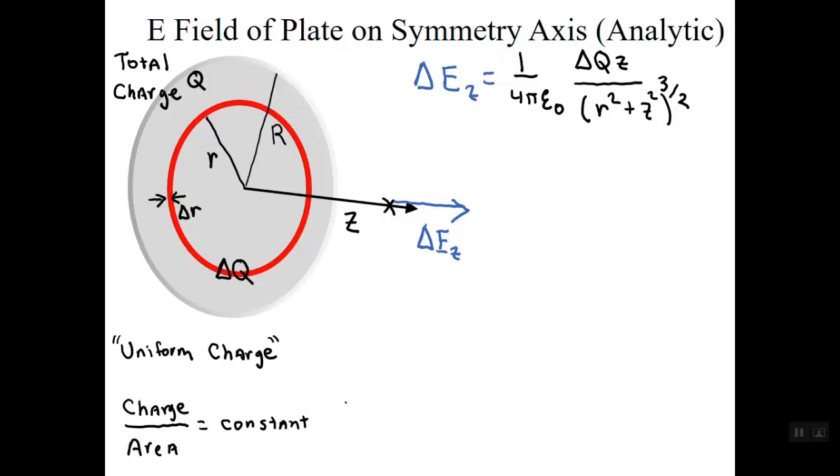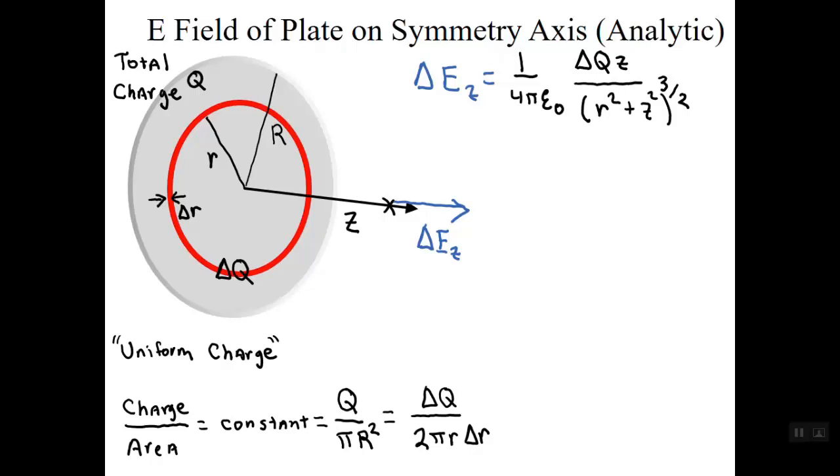That means the ratio of the amount of charge on a piece of plate to the area of that plate must be constant. And by taking the ratio of the total charge Q to the total plate area, pi times capital R squared, we know what that constant is. That means the ratio of the charge delta Q to the area of the ring must be equal to that same constant.